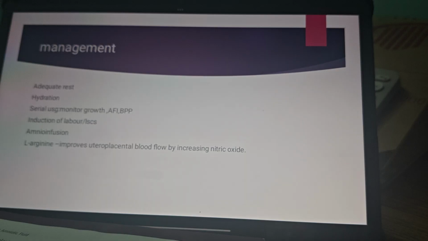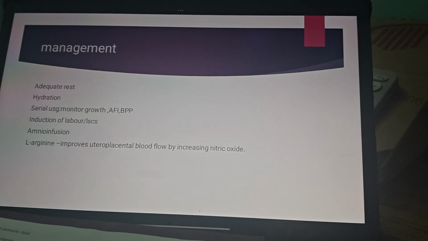Now, what is the management? We will tell the patient to get adequate rest. Hydration is important. We can serially monitor the AFI through ultrasound monitoring. We will monitor the growth, biophysical profile, and amniotic fluid index in a serial way.